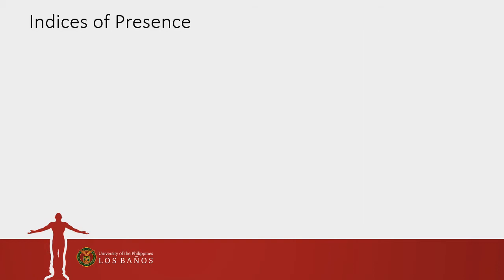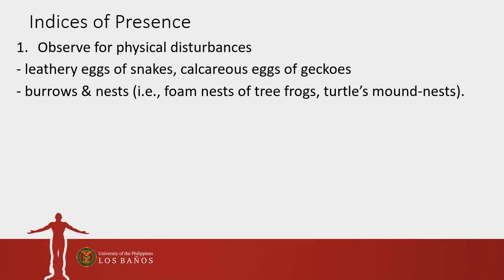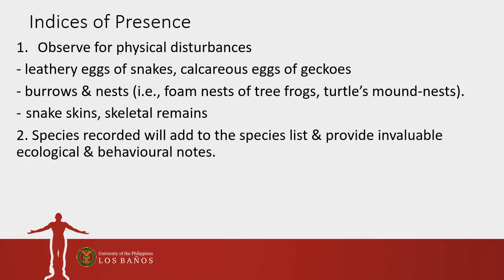For the indices of presence, you may observe, for example, leathery eggs of snakes, calcareous eggs of geckos, burrows and nests, snake skins, and skeletal remains, although they may not be easy to identify. Species recorded will add to the species list and provide invaluable ecological and behavioral notes.